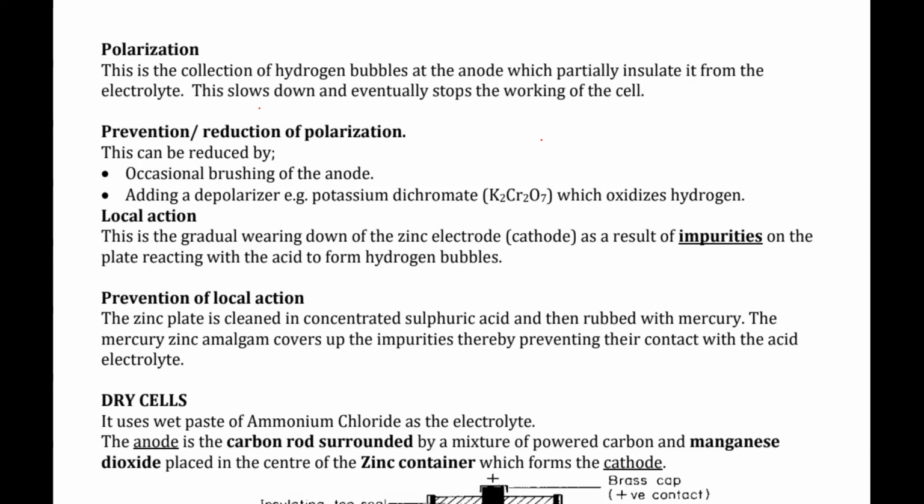And how we can stop this is either using pure zinc, something which has no impurities in it, or cleaning it with concentrated sulfuric acid and then rubbing it with mercury to form the mercury-zinc amalgam, which makes it stronger so that it does not wear down like it does when it is alone.